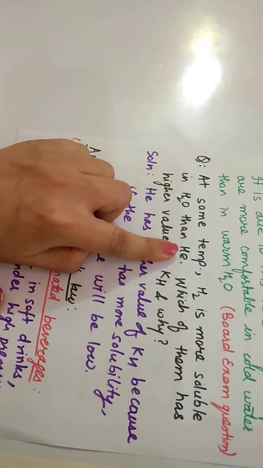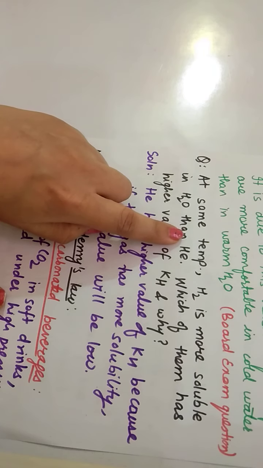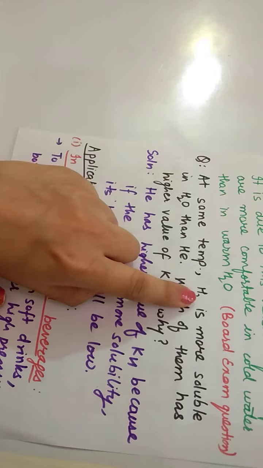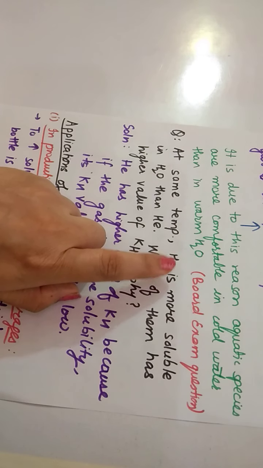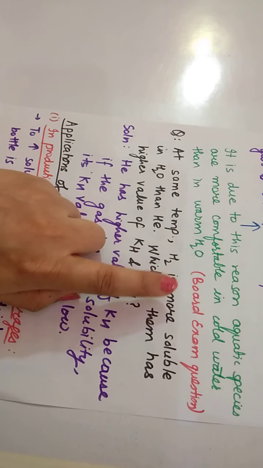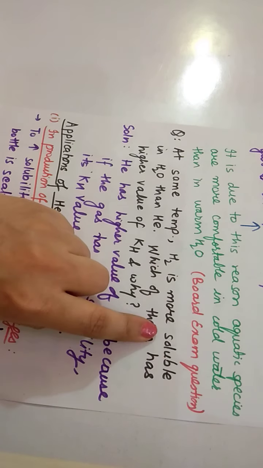It means the KH value for helium is high. So KH value of helium is high and KH value of H2 is less, as the solubility is inversely proportional to KH value.